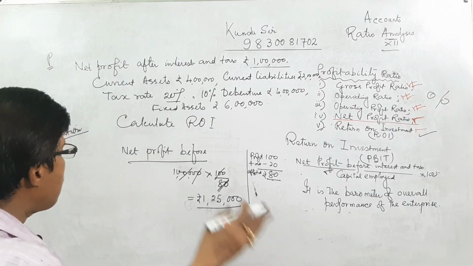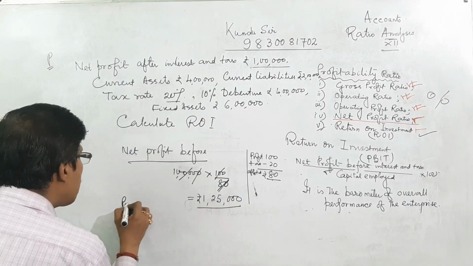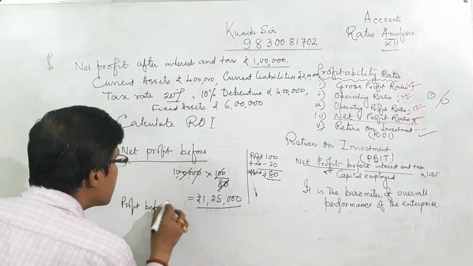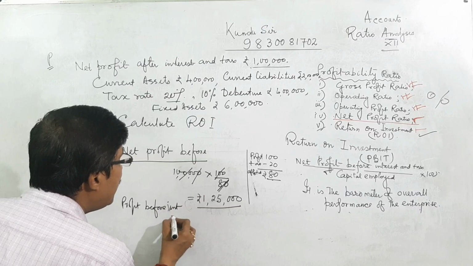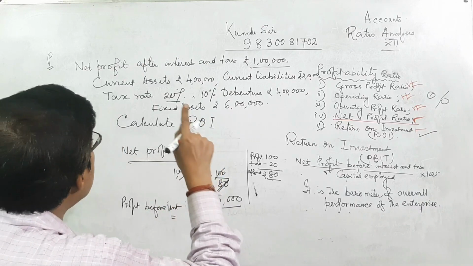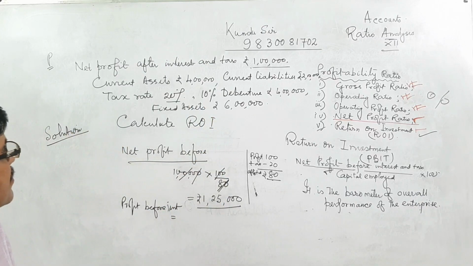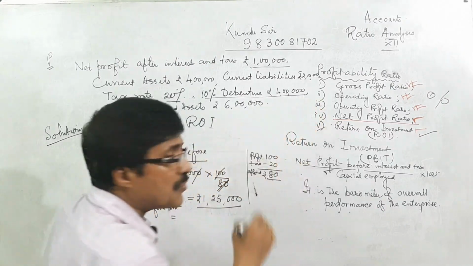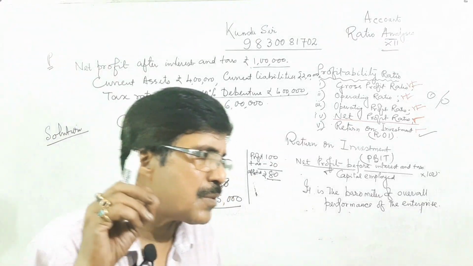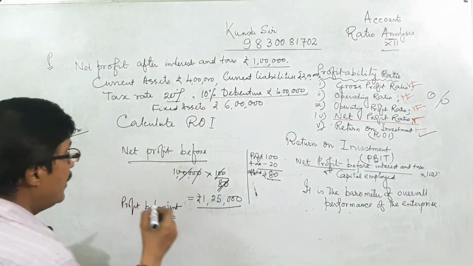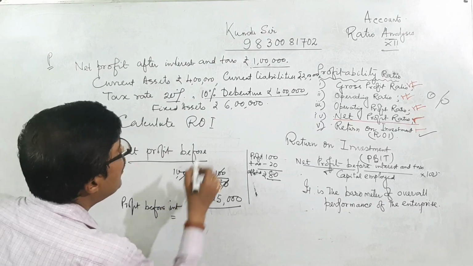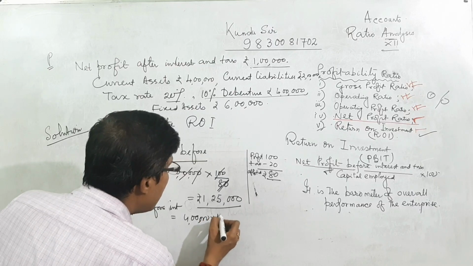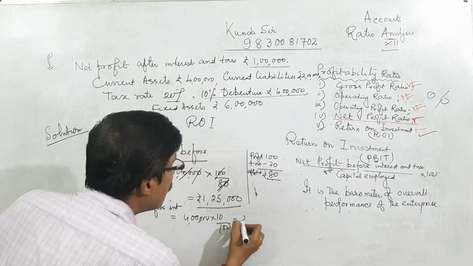Now profit before interest. The organization is paying interest on debentures at 10%. The interest equals 4 lakh into 10%, which equals 40,000.